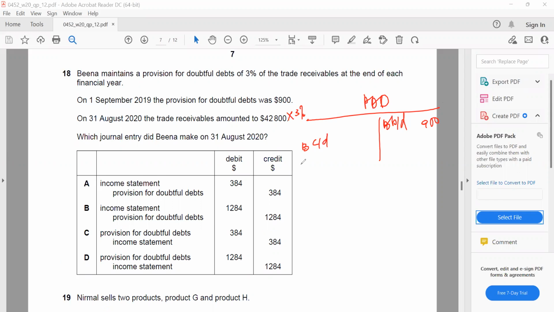So 42,800 times 3%, we get 1,284, minus 900. So we get the income statement amount here, which is 384. So credit provision for doubtful debt 384, debit the income statement. Okay, so now next.